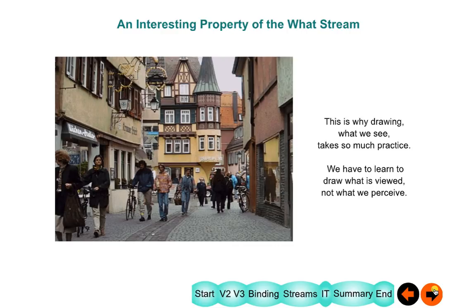Your hand has to draw this undistorted image. So you have to learn to point your pencil not where you think you see it, but where it really is, due to that distortion.